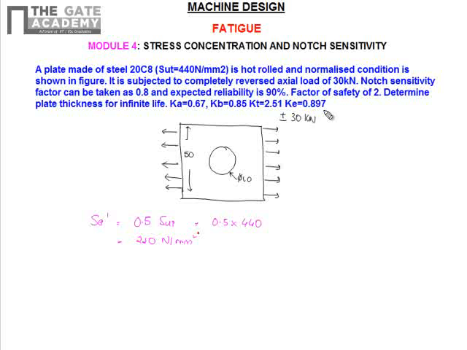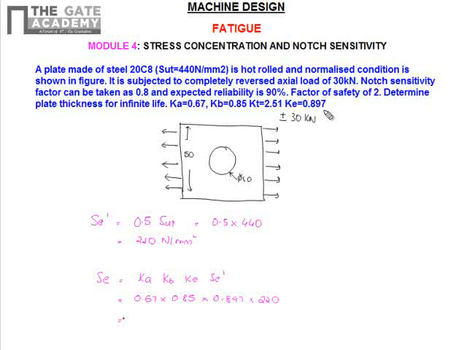Now the actual endurance limit for this application will be given as Se is equal to Ka Kb Ke into Se dash, which is nothing but Ka is 0.67 into Kb 0.85 into Ke 0.897 into Se dash 220.